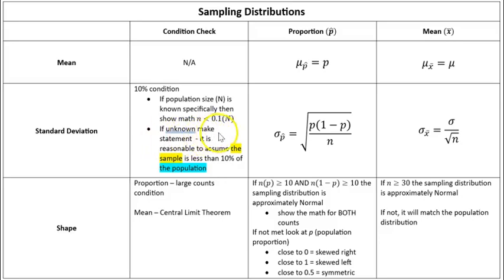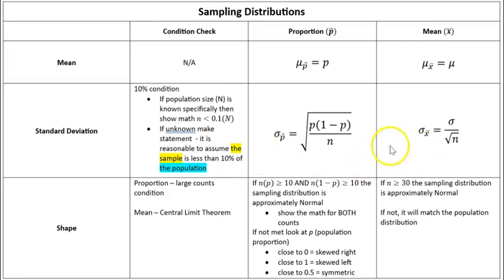All right, and you're going to say something like, it is reasonable to assume, and I put the sample and the population, I highlighted those because you need to put those in context of the question. All right, so it is reasonable to assume 20 students is less than 10% of all of the high school students. All right, so something like that. And for the sample and the population, make sure you put that in context of the problem.